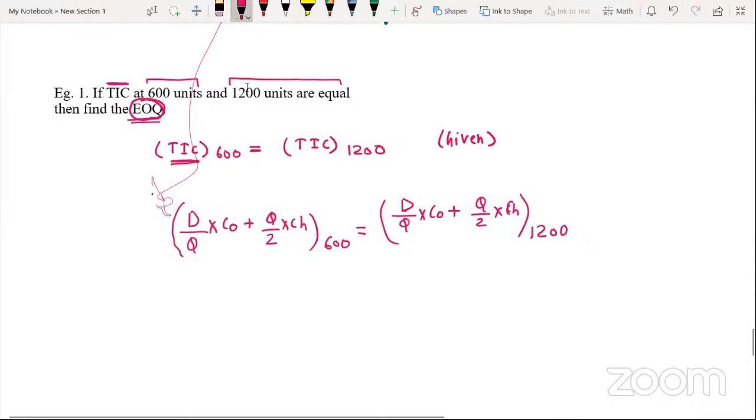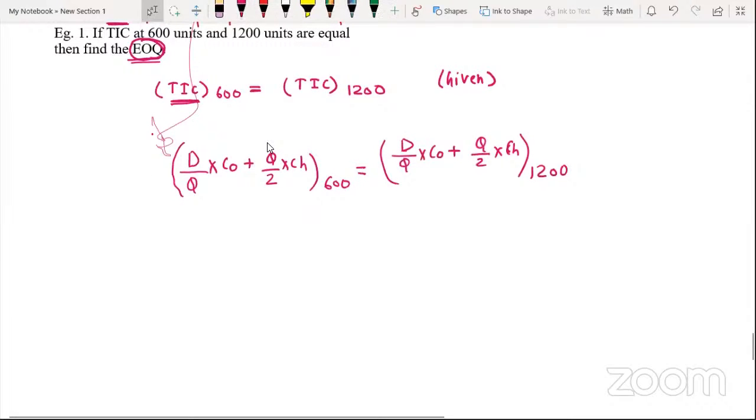Now just put the values. D by 600 into C naught plus 600 by 2 into CH equals D by 1200 into C naught plus 1200 by 2 into CH.